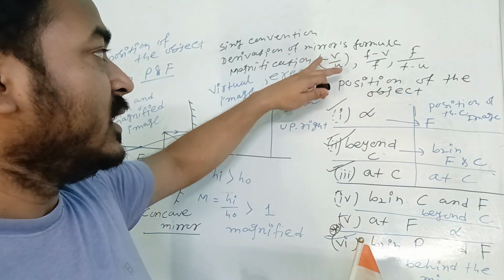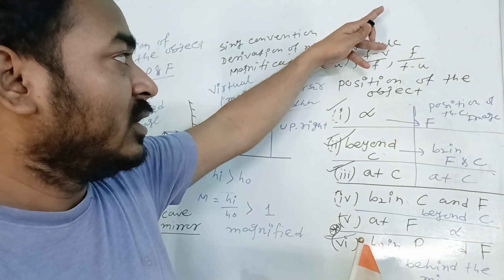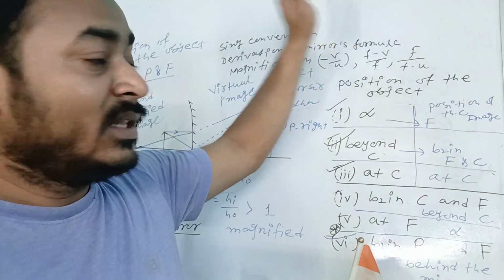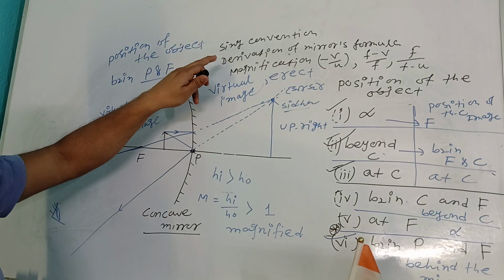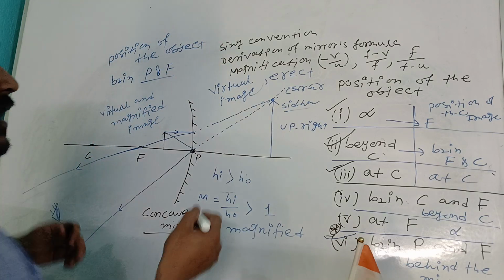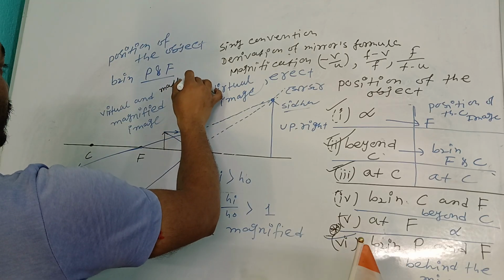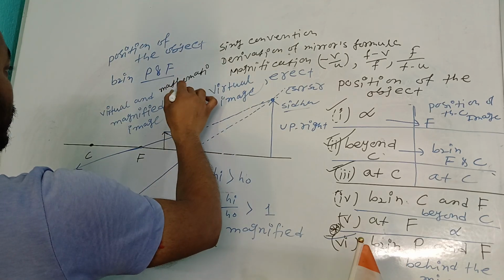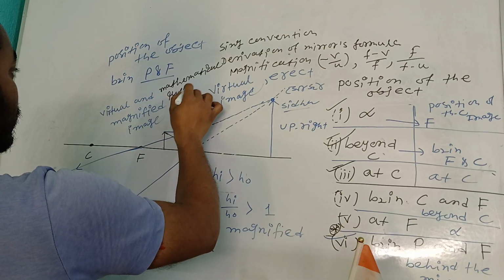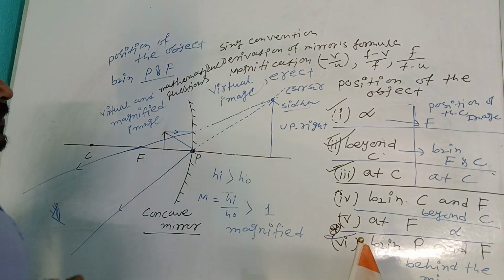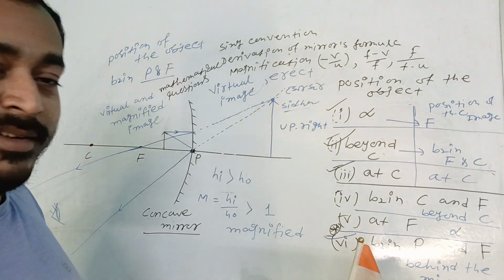The magnification in terms of object distance and image distance, focal length and image distance, focal length and object distance. Next we will discuss magnification, derivation of the mirror formula, sign convention, and then mathematical problems. Mathematical questions. Okay, then practice, and that's it.